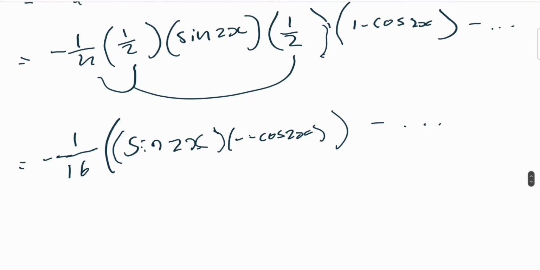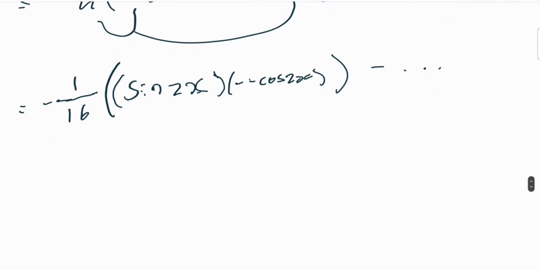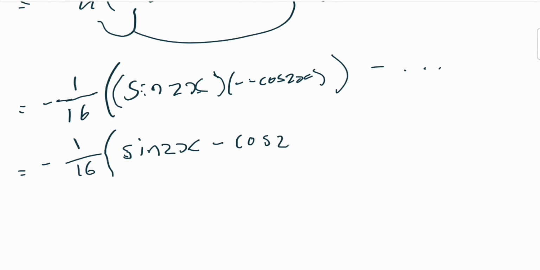Okay, so this is going to be negative 1 over 16 of sine 2x minus cosine 2x sine 2x, minus the rest.